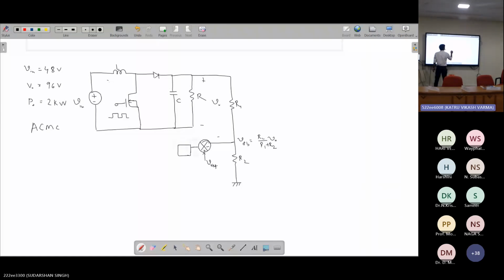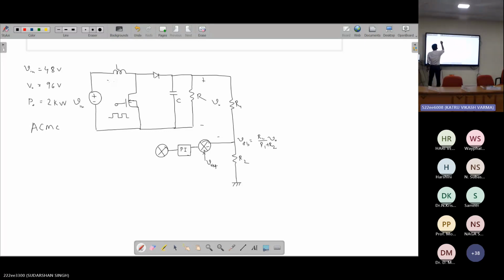The error signal passes through a PI controller, and it will generate the, actually this ACMC is a two loop controller. There is an outer loop, which is a voltage loop and is slower, and there is an inner loop, which is a current loop and is faster.